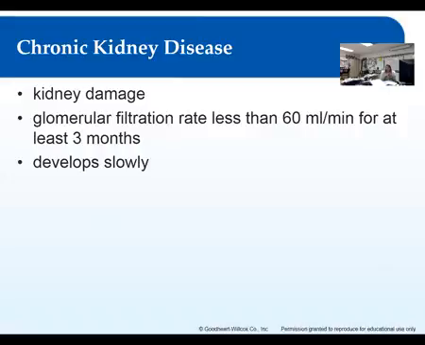And if your blood pressure is also high on top of that, it can really damage the kidneys. Diabetes and high blood pressure, it's really important to make sure that those are taken care of. Typically it does develop pretty slowly.